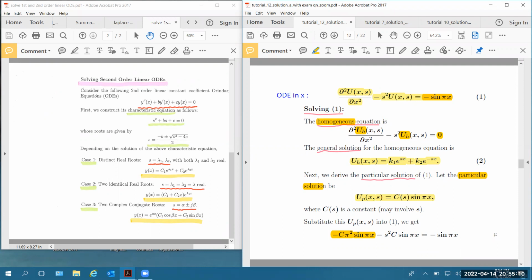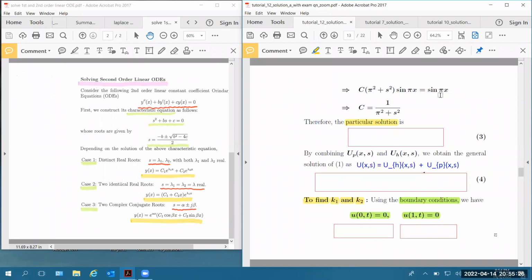Our aim here is to find the constant C. So we can group the sin(pi x) on both sides and compare the coefficients of sin(pi x). This tells us that C times (pi squared plus s squared) must be 1, the same as on the right side. So from here I know what C is, and you can see that C is in terms of s.